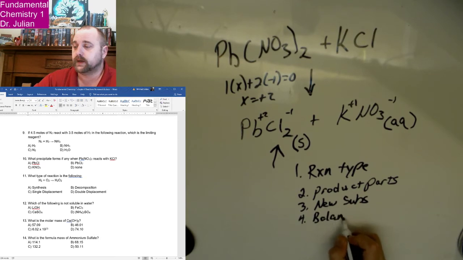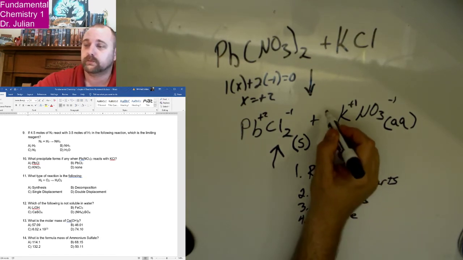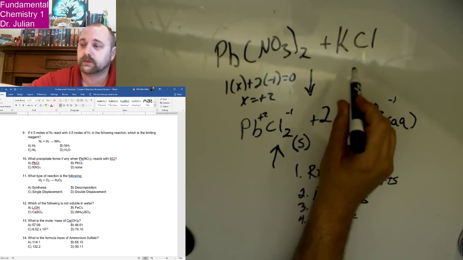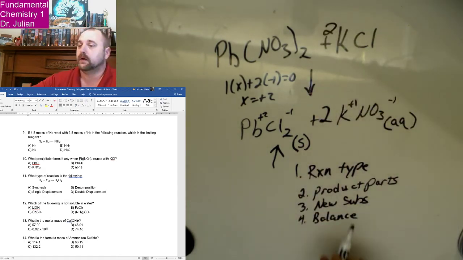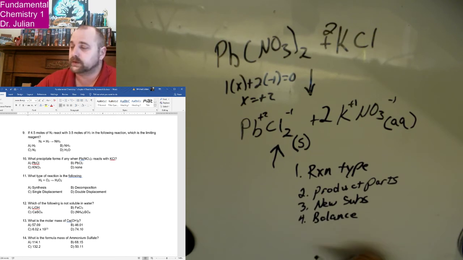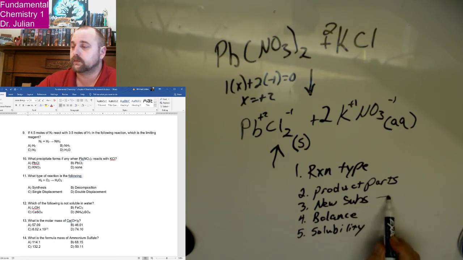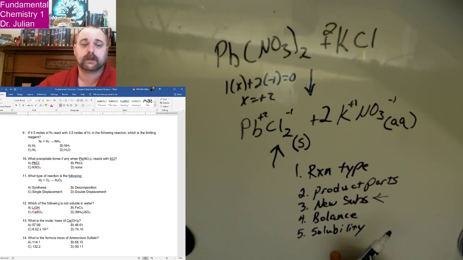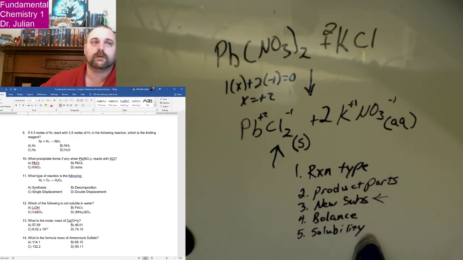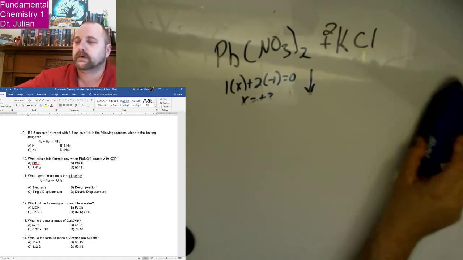I didn't actually balance it, because I didn't need that. I could do that real quick. I need a 2 here and a 2 there. But it didn't actually affect what they were asking. And then I did my solubilities. So if you skipped step 3, you'd have missed it. Okay, so got to do all those steps.